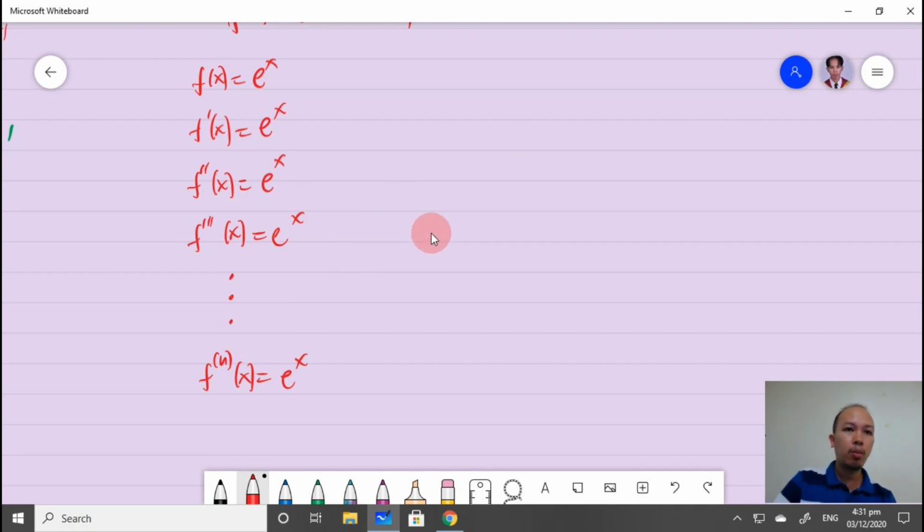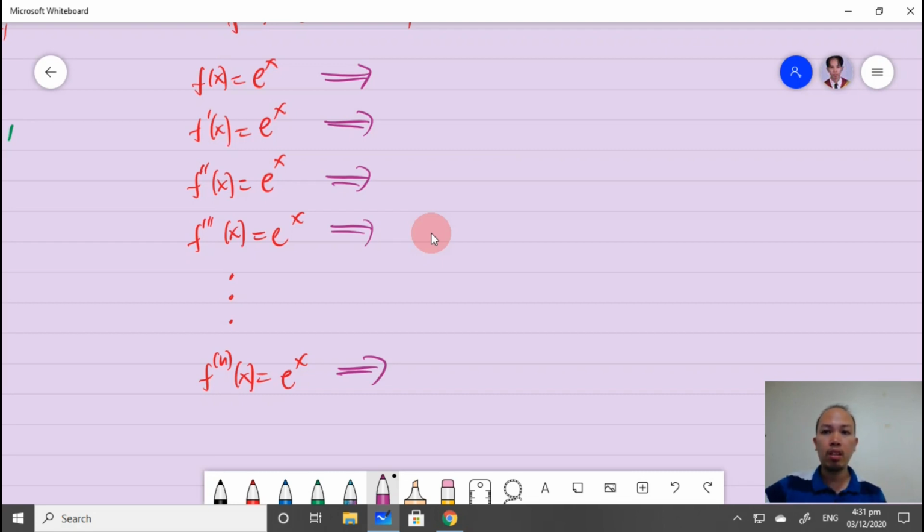Why do we write it this way? Because we have to evaluate our derivatives at x equals a, which is 0, because we are going to find the Maclaurin series, and the Maclaurin series says that our a is 0.